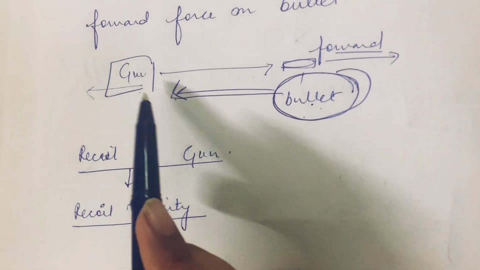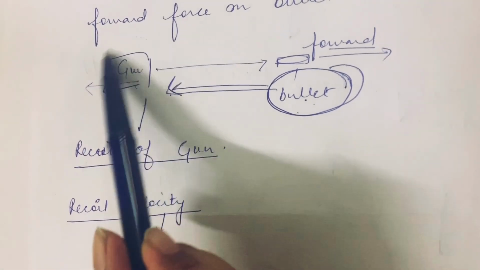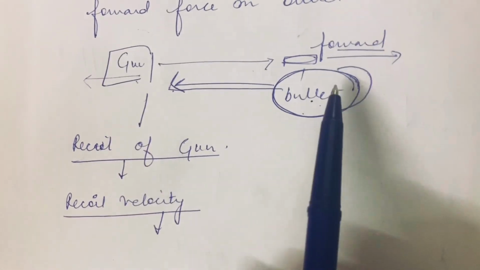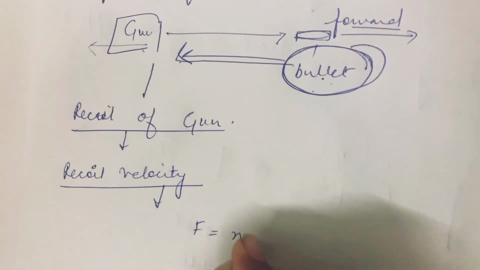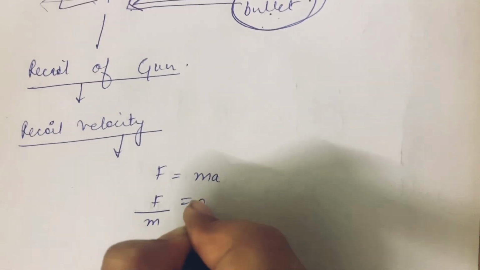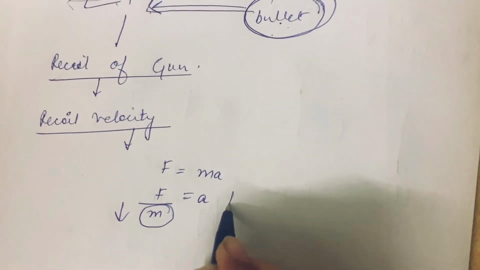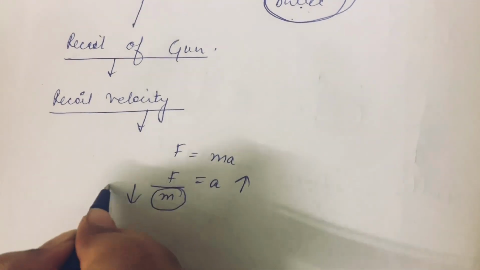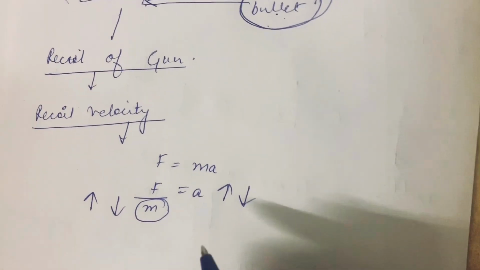But the gun has more mass than the bullet. So the acceleration of the gun will be much less than the acceleration of the bullet, because you did this formula that force is equal to mass into acceleration. I can say that force upon m is equal to a. If my mass is less, acceleration will be more. And if my mass is more, acceleration will be less.